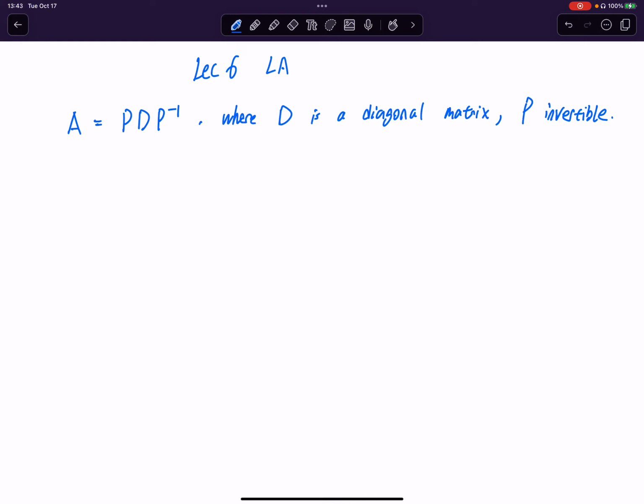And we will see that the factorization enables us to compute A to the power k very quickly, even for k very large. This is the fundamental idea in many applications of linear algebra. So let us start with an example.